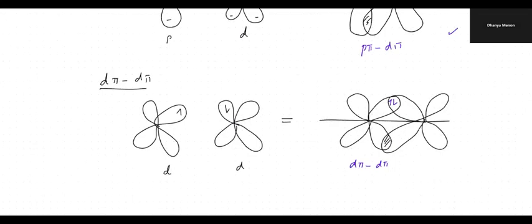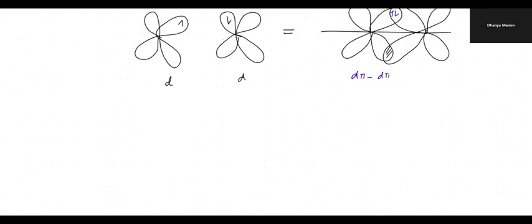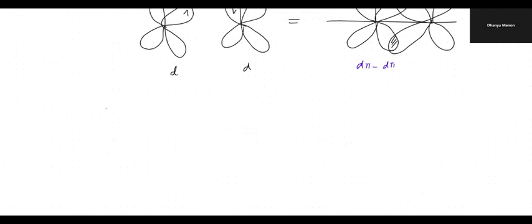Now there is another type of bonding that we learned last video, that is p-pi p-pi bonding.